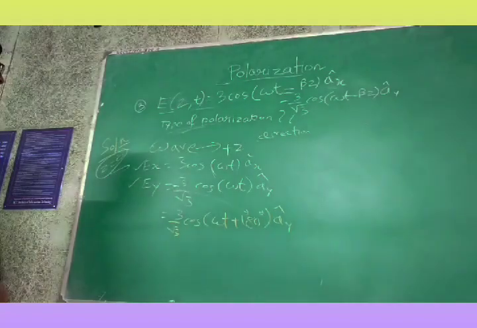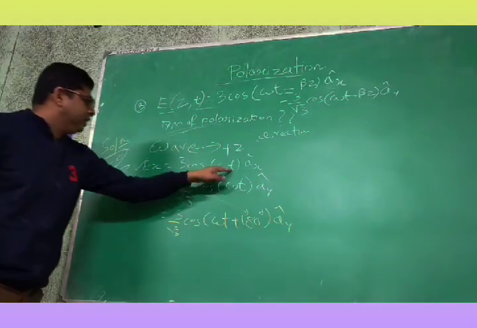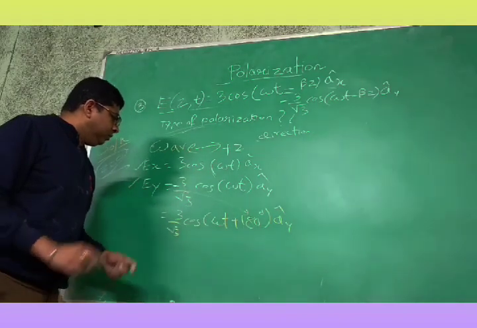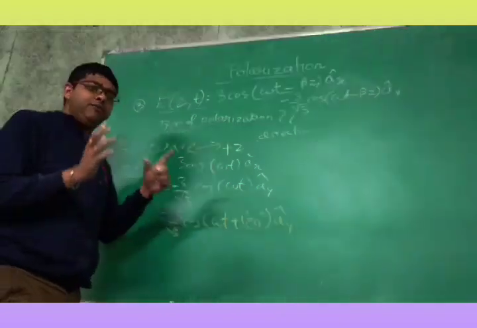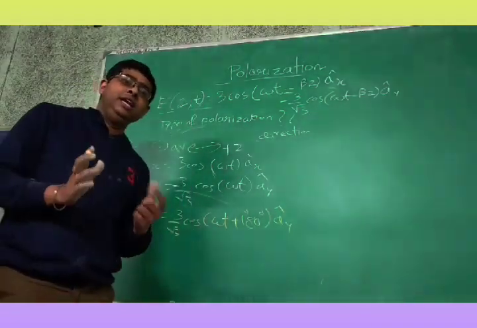Now see the difference. What is the phase difference between x and y? It is 180 degree. So remember one thing, whenever there is a phase difference of 0 degree or 180 degree, we will be having linear polarization.